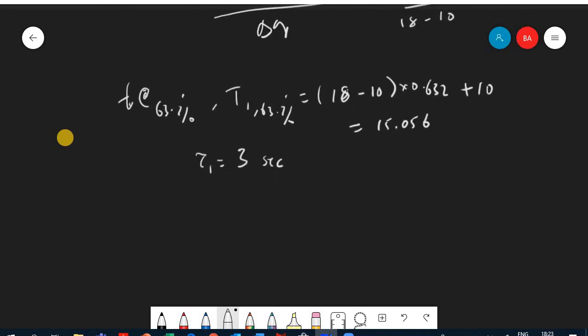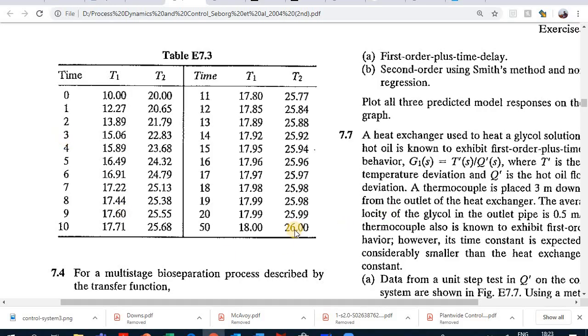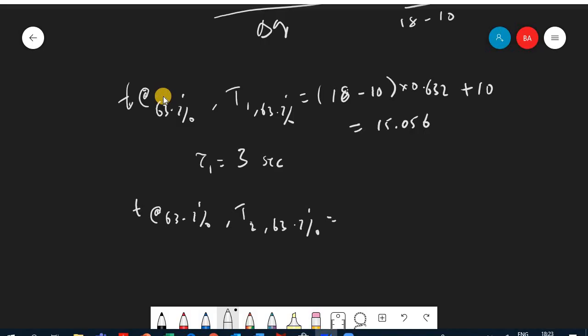Great. What about the second one? At about 63.2%, we are going to look at T2 at 63.2%, and that is equal to 26 minus 20, times 0.632, plus 20, and the answer will be equal to 23.792.